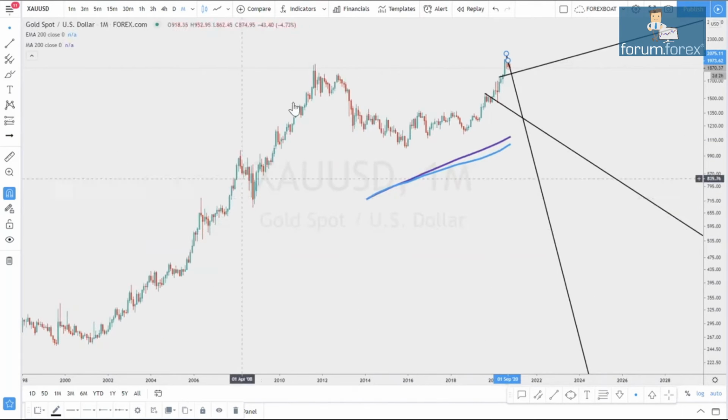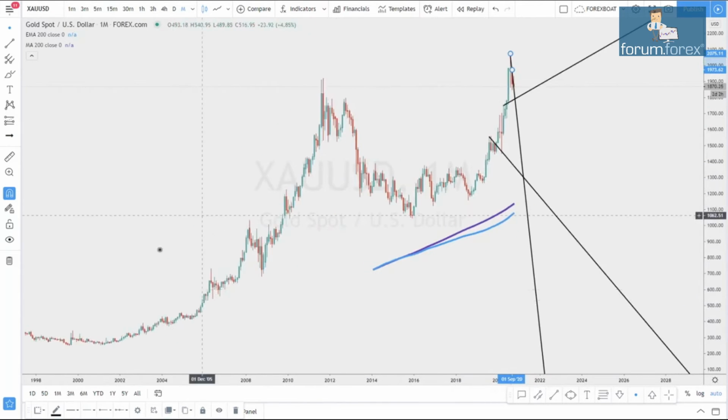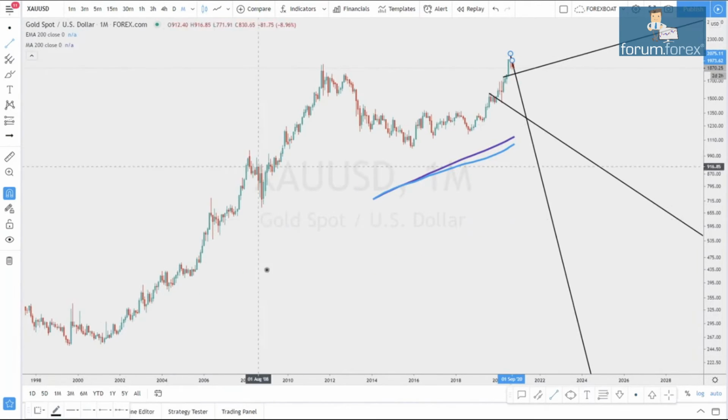And here you can see this is a logarithmic chart, and if I just compare it to regular, it will be different. Okay, it's the same chart but calculated differently. So we can do different things, different analysis with the logarithmic chart.